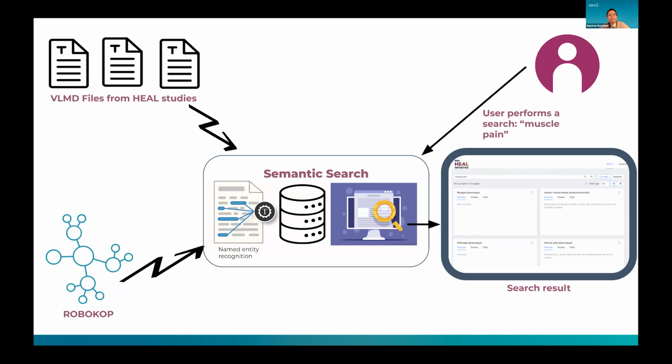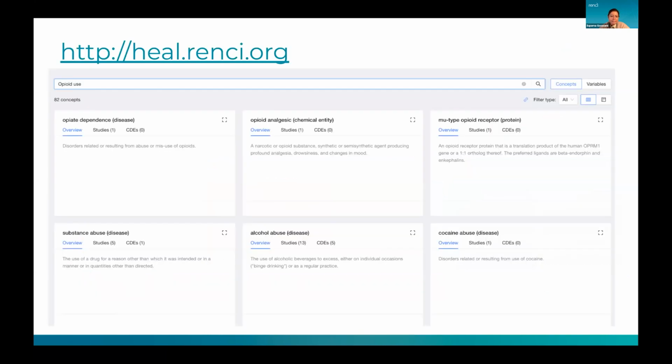And then once the user performs a search, for example, if the user searches for muscle pain, it looks it up in the database and it finds not just muscle pain, but all other concepts that might be related to muscle pain, because it already knows the concepts that are related to muscle pain. For example, it's a chronic pain disorder or a phenotype of muscle pain, and it presents this information to the user. Next slide, please.